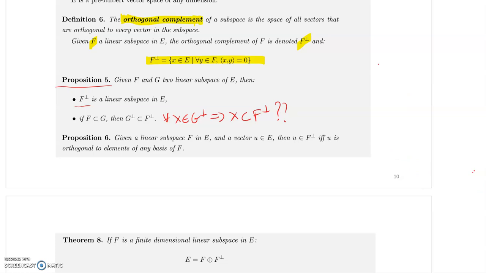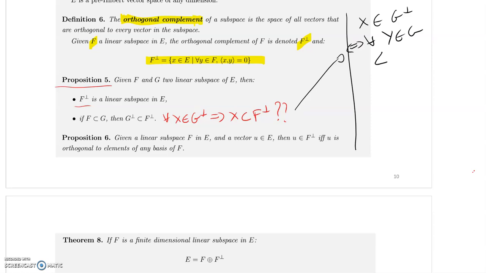Let's start. Let's take some x that belongs to G orthogonal. What does it mean? It means that for any y that belongs to G, the inner product of x and y is equal to 0.